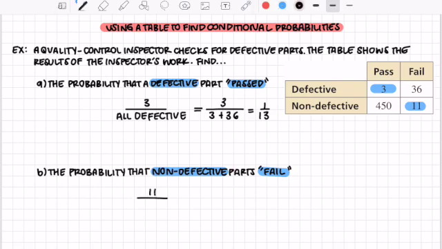11 is the easier part, but figuring out what is our general pile that we're looking at is the most important part.